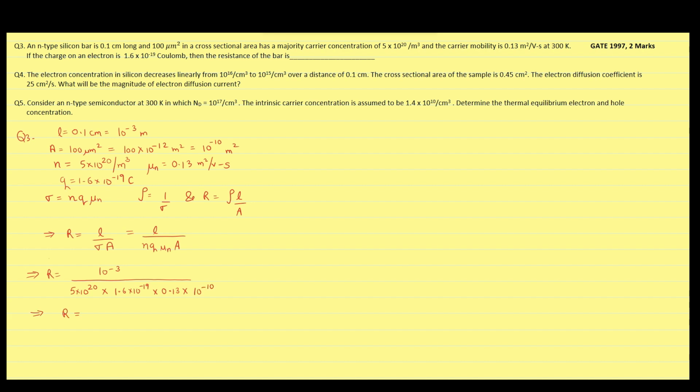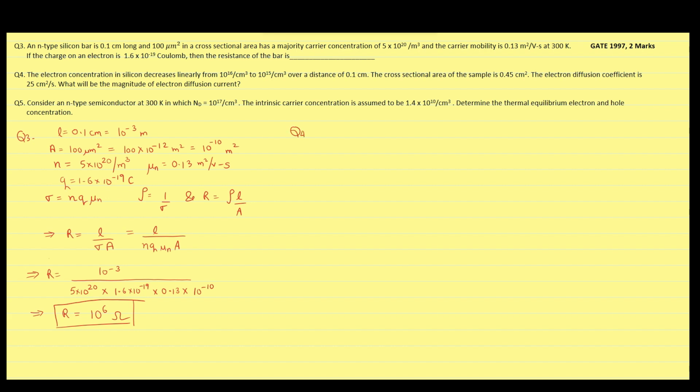After calculating, we will find the value 10 raised to the power 6. In questions like this, the important thing to remember is to convert all the parameters into SI units.